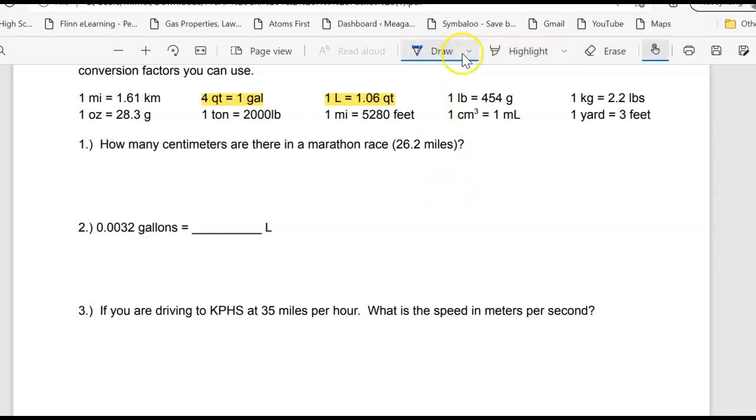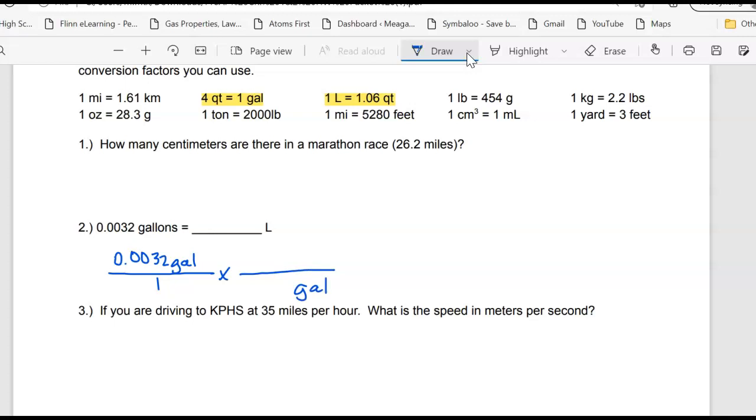Okay, so let's set this up. I'm going to start with 0.0032 gallon over 1. So remember that we put gallon on the bottom.